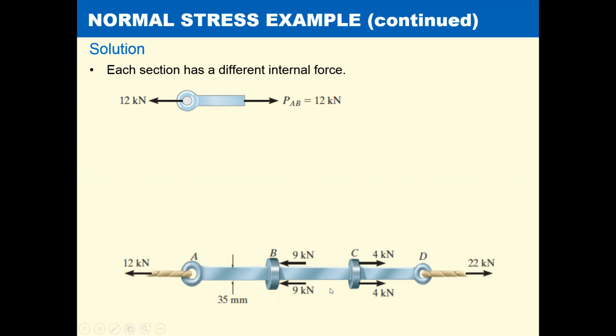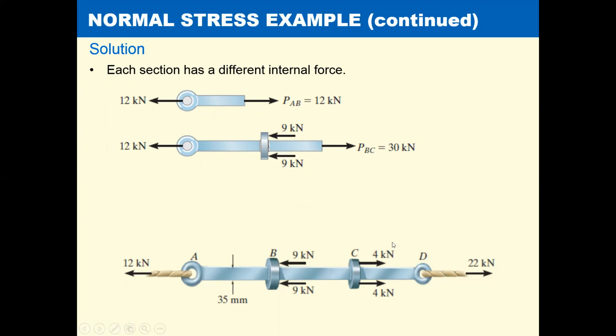In this case, they're both equally the same degree of difficulty, so we'll just use the left side. We'll have 12 kilonewtons going to the left, 18 kilonewtons going to the left. So the internal force would be 30 kilonewtons to keep that in static equilibrium, just summing forces in the x direction. So all the way from B to C, this bar is feeling 30 kilonewtons.